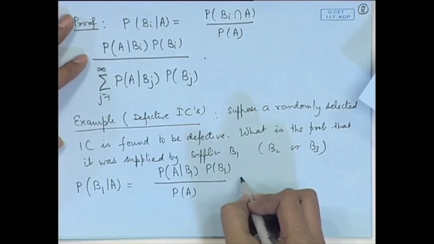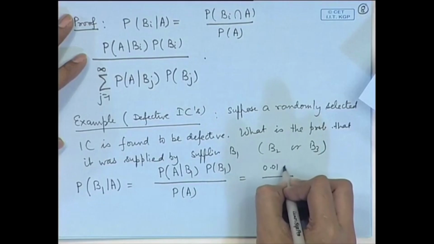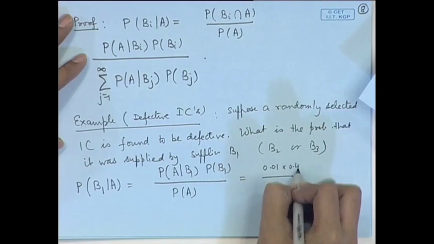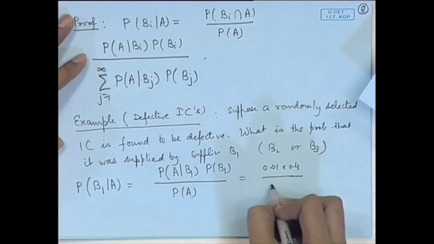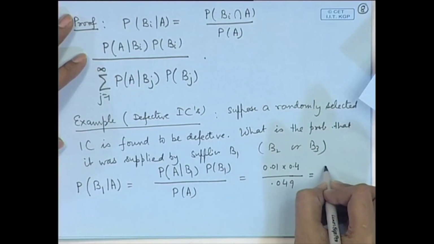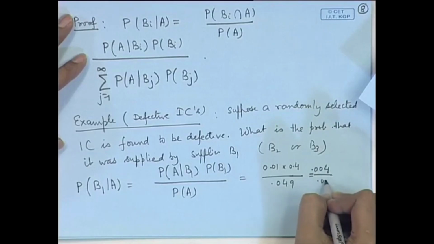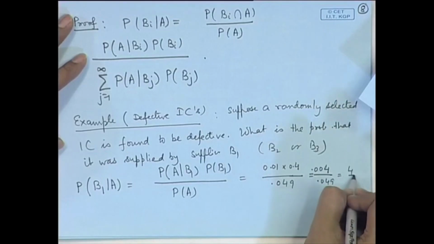So, it becomes simply probability of A given B 1, that is 0.01, into 0.4, that is the probability of B 1, divided by 0.049, which is equal to 0.004 by 0.049, which we can write as 4 by 49.